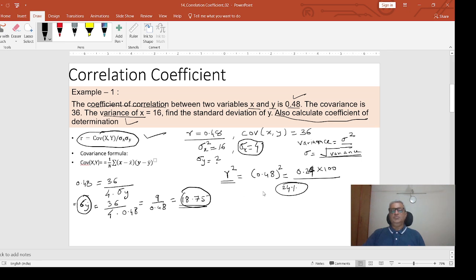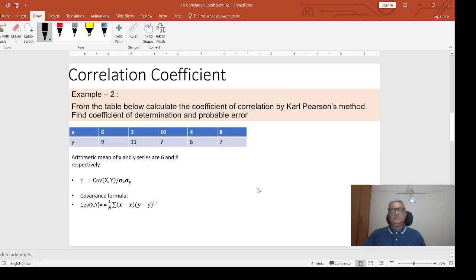So let's move on. Example 2. From the table below, calculate the coefficient of correlation by Karl Pearson's method. Find the coefficient of determination and probable error.